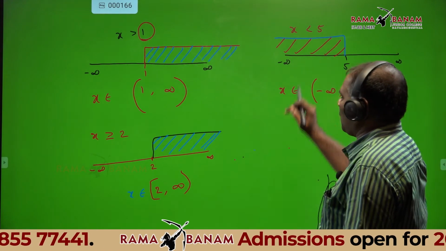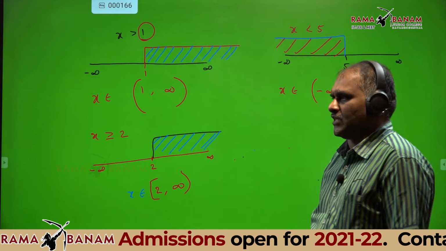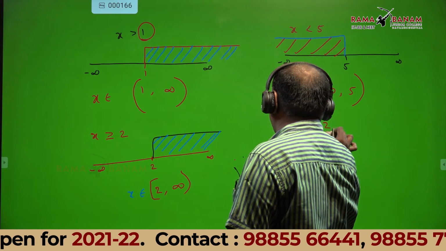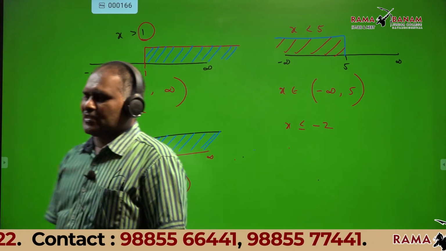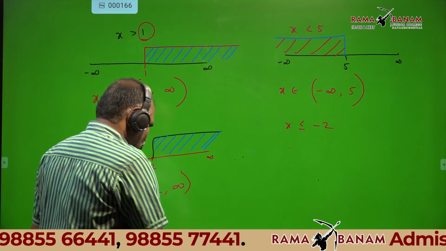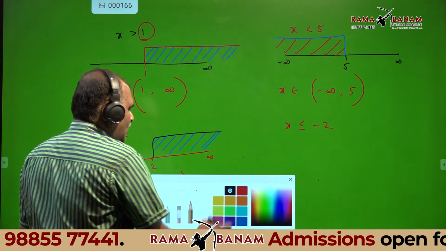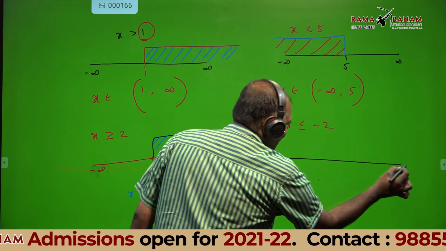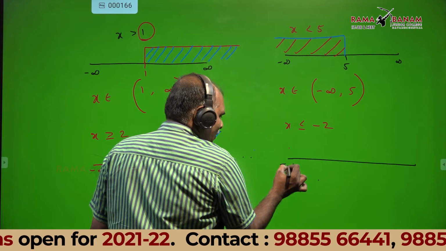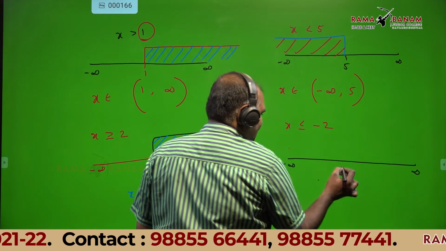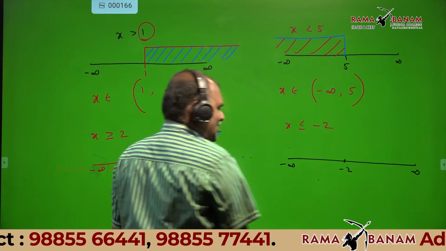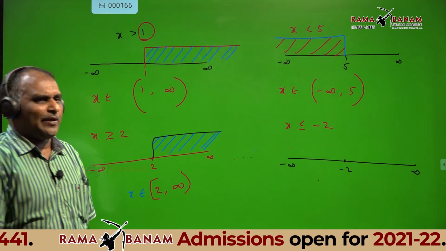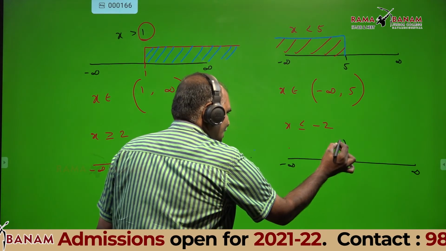The equal to symbol is not there, that's why I use it like this. One more: x less than or equal to minus 2. Observe, indicate it on the number line, minus infinity to plus infinity. What is the value? Minus 2. What is given? Less than, and less than means left hand side, so I draw on the left hand side.